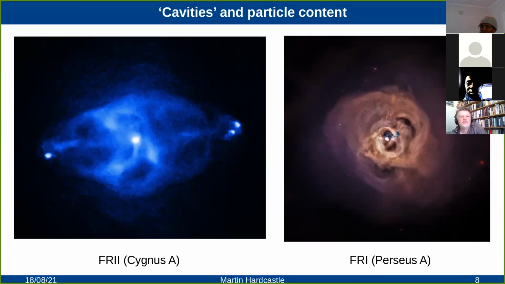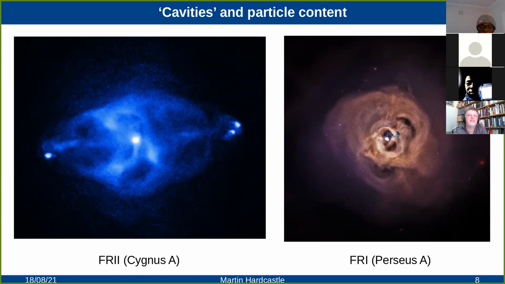For the more powerful sources like Cygnus A, you can see over here, there's really only one major cavity, and the size of that cavity is related to the size of the radio lobes. So we could assess the age of that source by seeing the cavity, but in fact it's easier to assess the age of that source by seeing the radio emission, which is the same size.